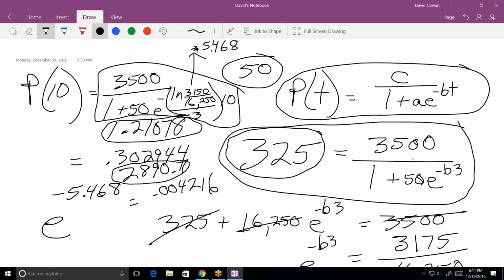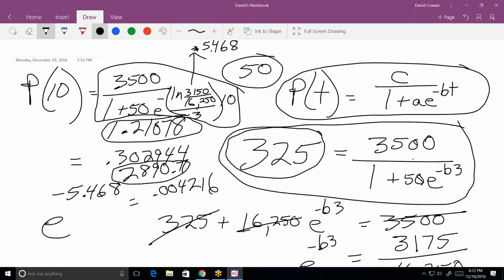Because this logistic function is so complicated by having this very strange denominator, we might not have to make much of a change here, or changes we would make in this exponent for e might not affect the final answer by that much. I may have come up with 2,500 instead of 2,890. So I could have made a mistake and not divided by 3, and we still might have gotten an answer that was in the ballpark. So you can't trust in ballpark answers totally.